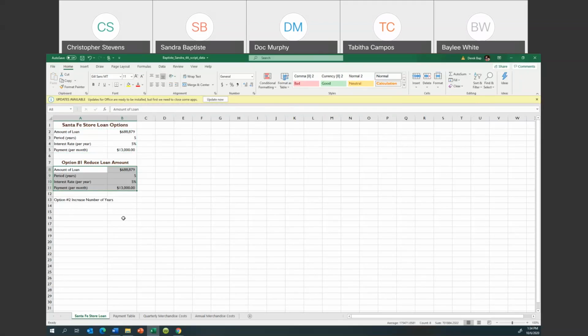So the next thing that we're going to look at is what if we increase the number of years, so the amount of time they have to pay it off. So let's go back to cell B2, and let's change that back to 750,000. So you can just type it in, 750,000.